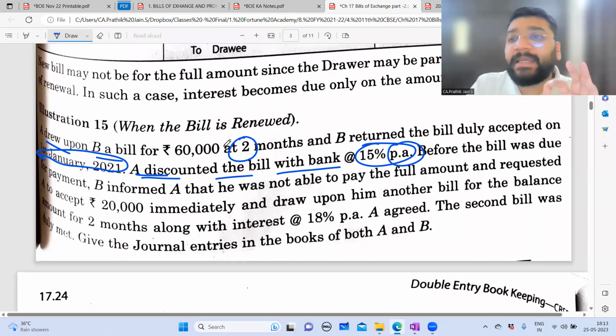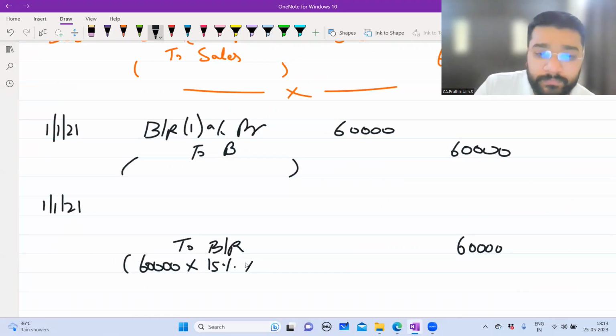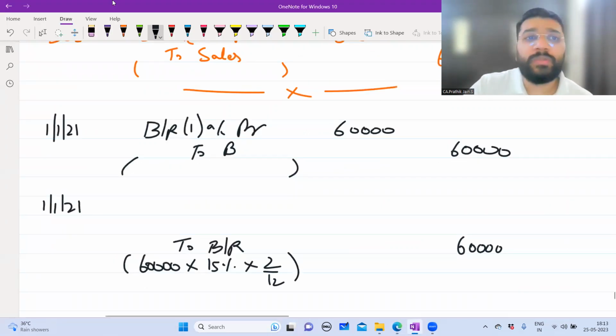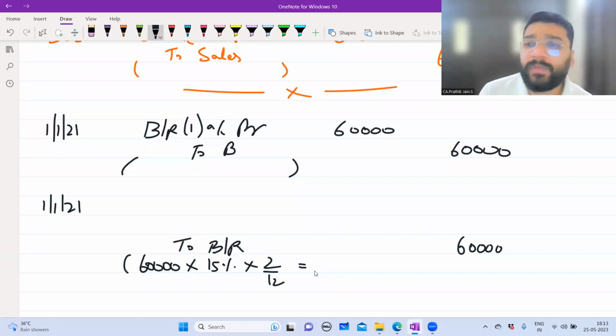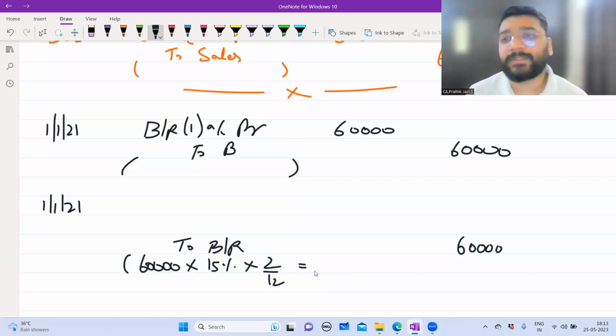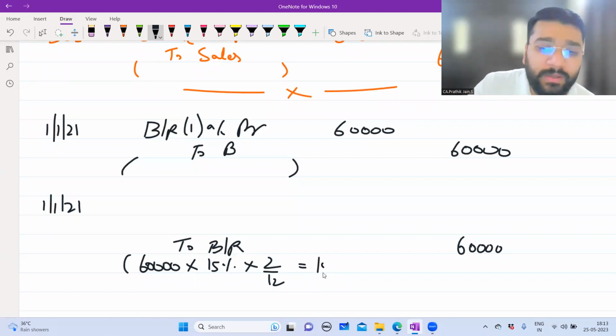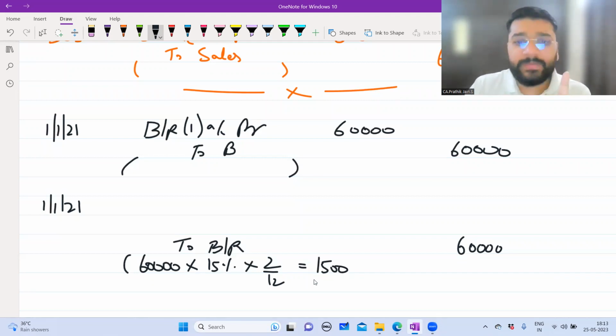So basically the bank has lent this money for 2 months. So to the extent of the period lent, only for that will we calculate interest. So please calculate: 60,000 into 15% into 2 by 12 in your calculator. 1,500.